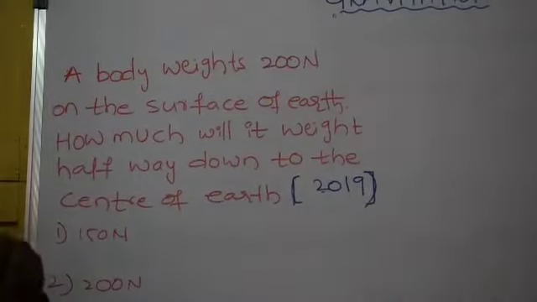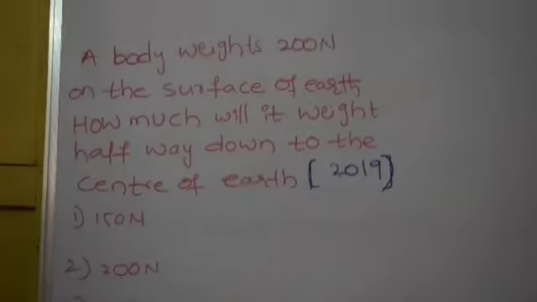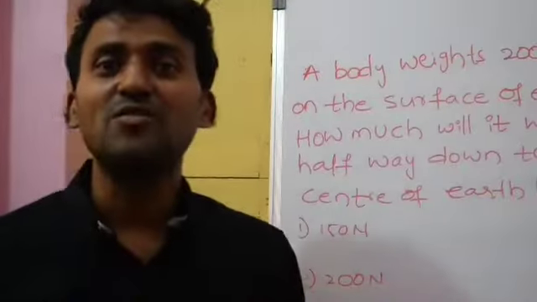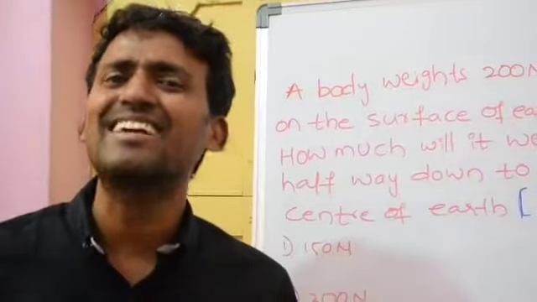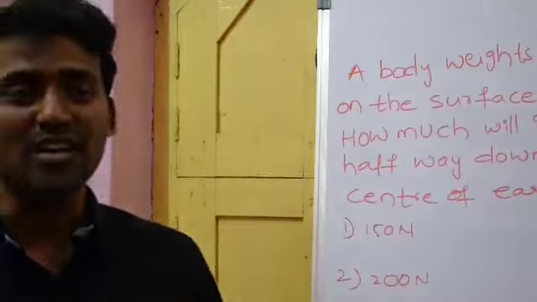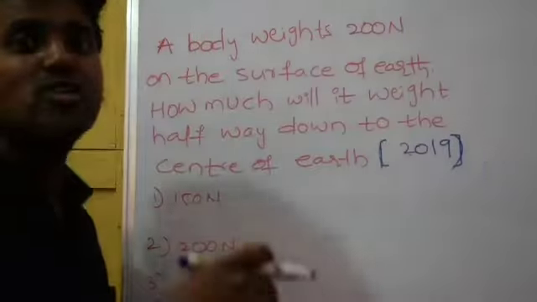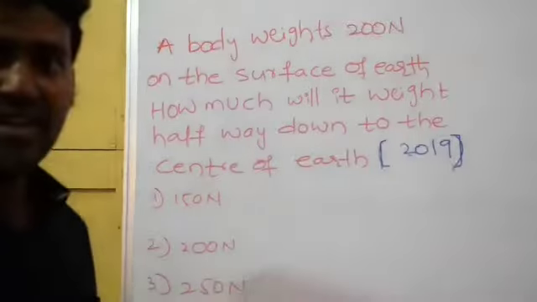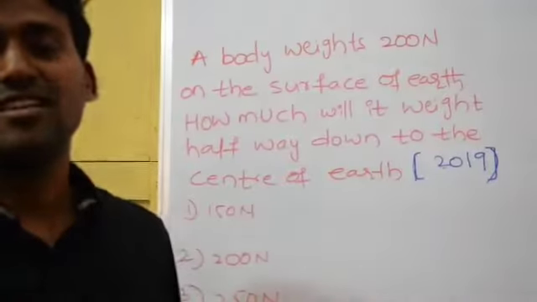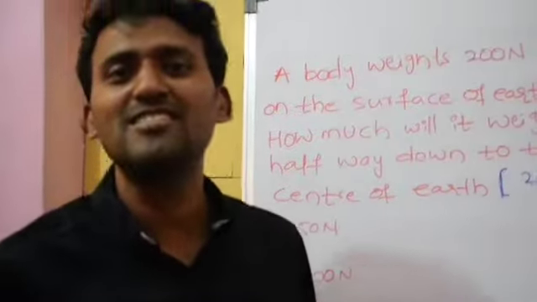While you are going down to the depth of the earth, what will the weight of the object be, decrease or increase? According to the formula, the weight of the object will decrease, because while you are going to the depth of the earth or to a height from the surface of the earth, in both cases gravity decreases. So gravity is decreasing, which means the weight of the object decreases.